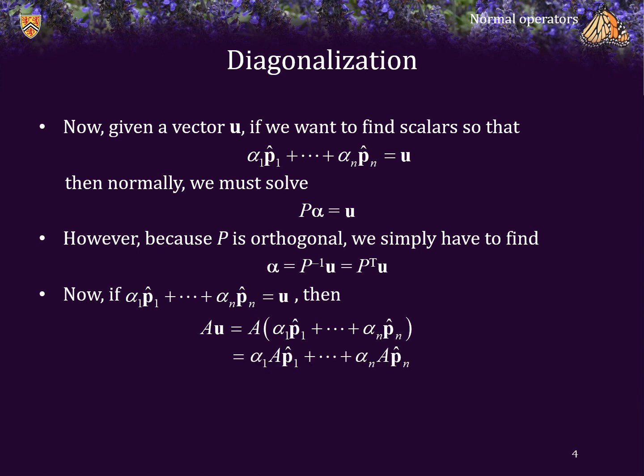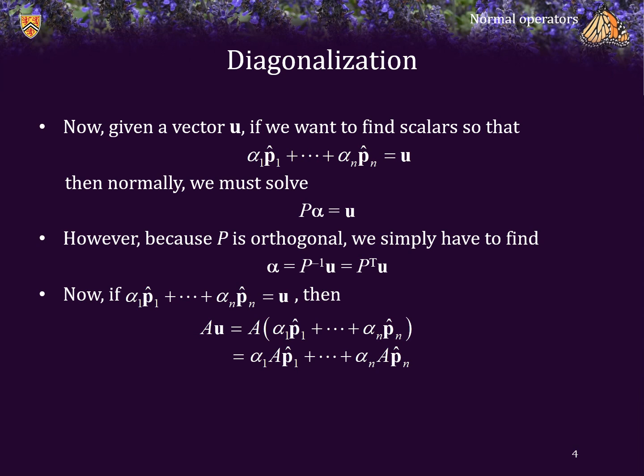But A is linear, and thus the operator applied to a linear combination of orthonormal vectors is equal to that same linear combination of the operator applied to each of the orthonormal vectors.